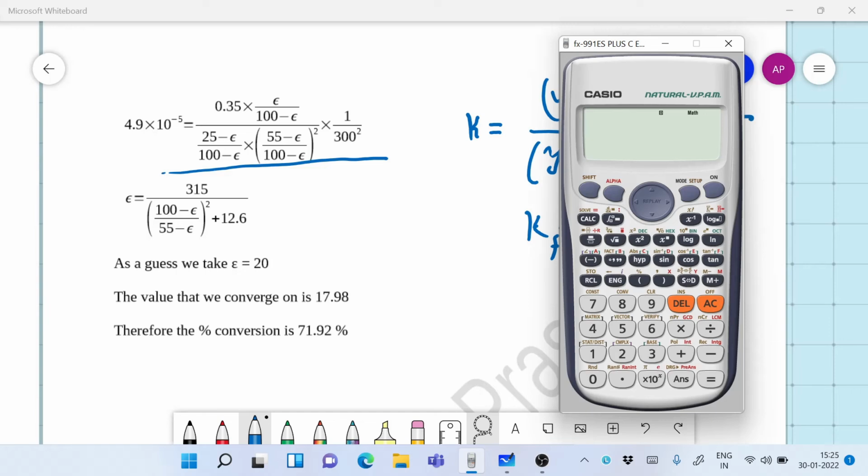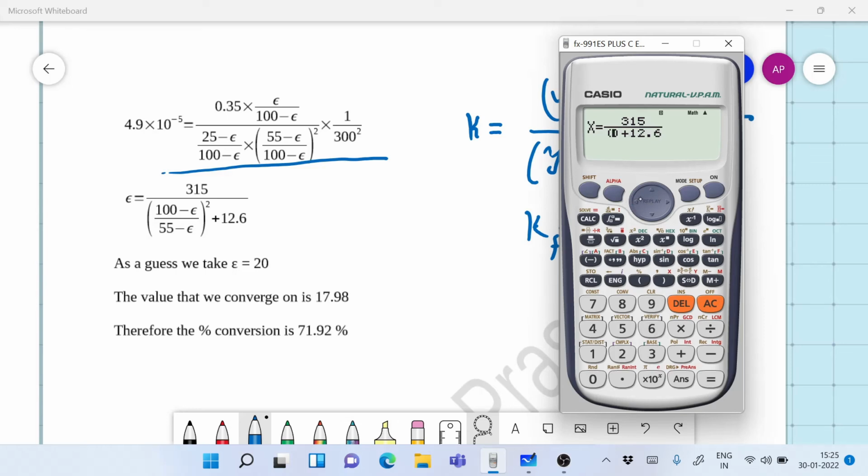Now let's solve this. Alpha x is equal to, oops, no, alpha x, where is x? Yes, alpha equal to, then 315 divided by, start and end the bracket, plus 12.6.